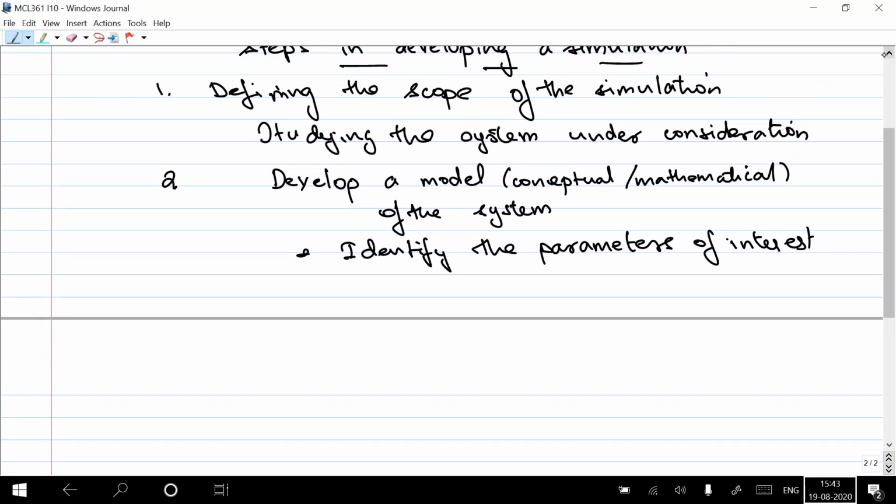I'll talk about why I'm not saying that we should identify only the input parameters, I'll come to that a little later. But basically, we have to develop a model of the system and then identify the parameters of interest. They go hand in hand, and that's why I'm not separating these two steps.